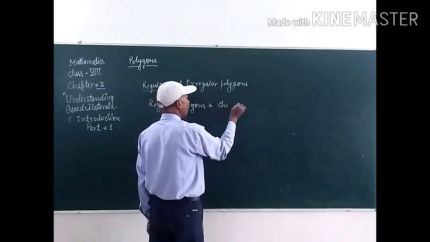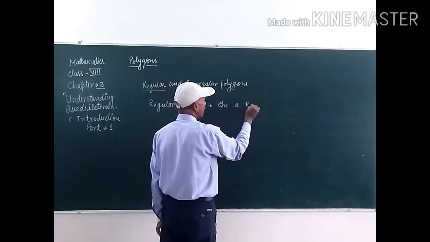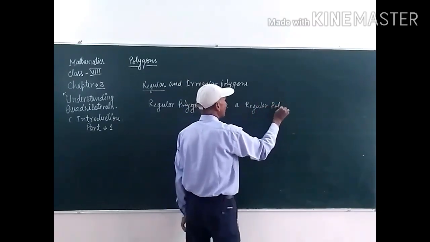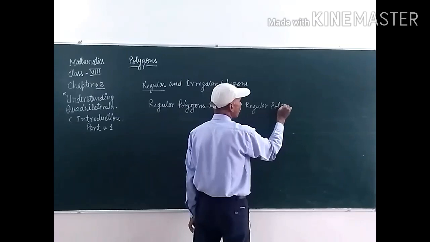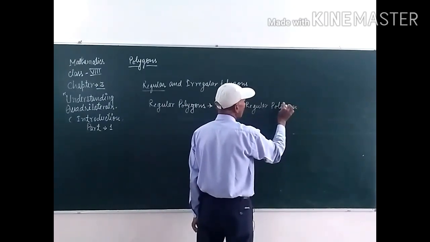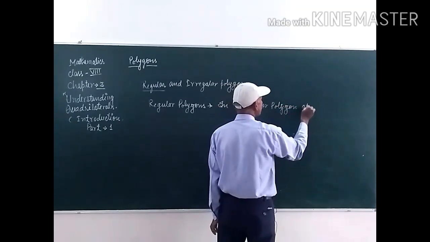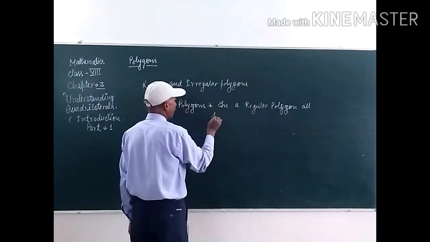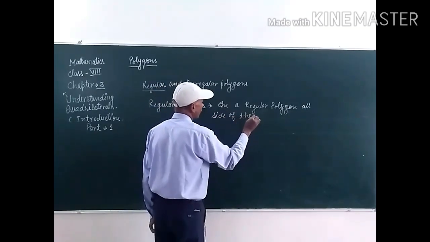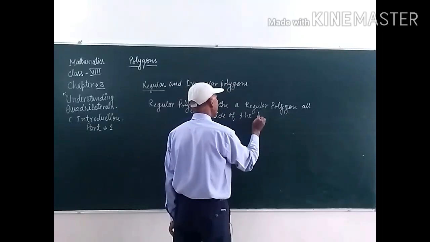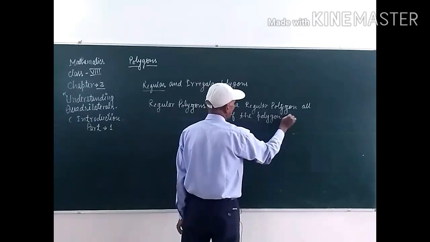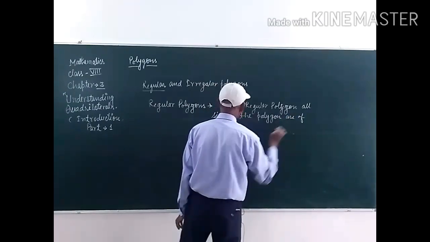In a regular polygon, all sides of the polygon are of equal length.